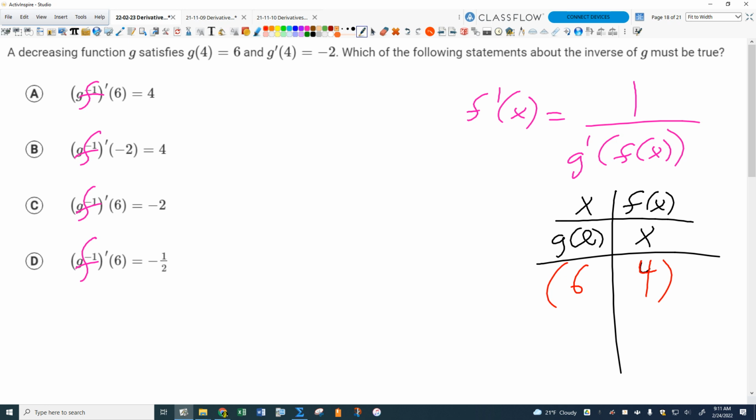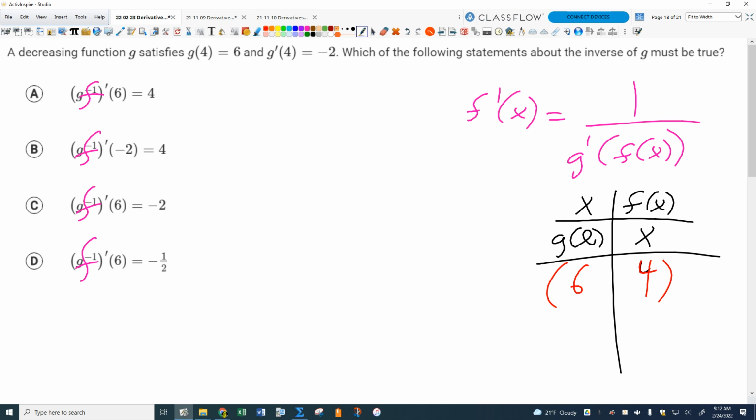Which one of these is right and why? Can you tell me? It's D. Everybody see that? See why it has to be D? It has to be D because, here's our formula, right?